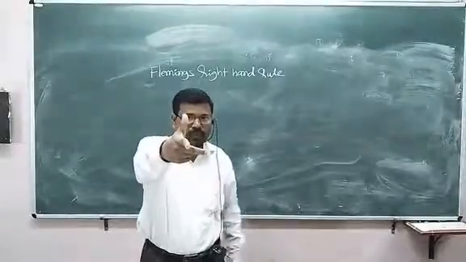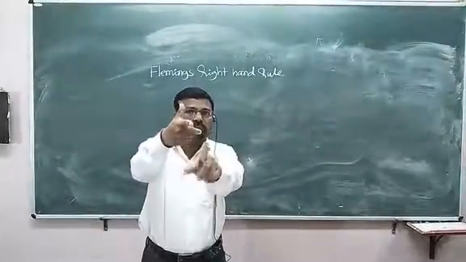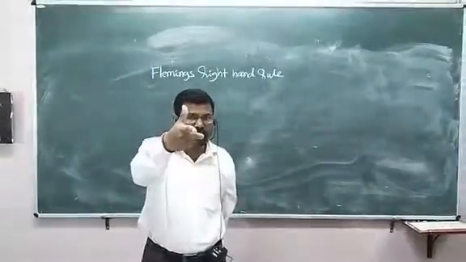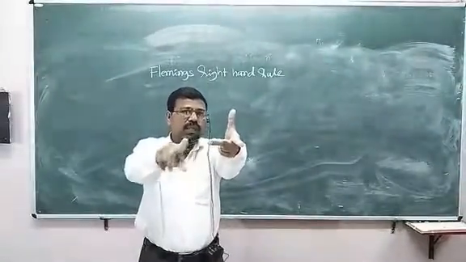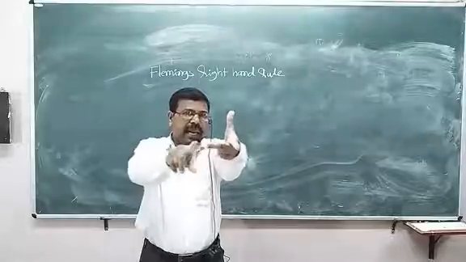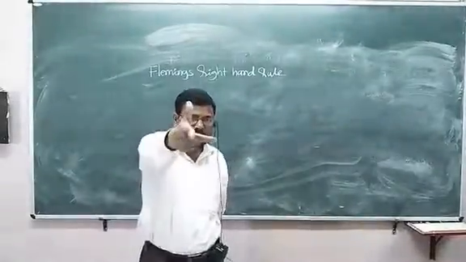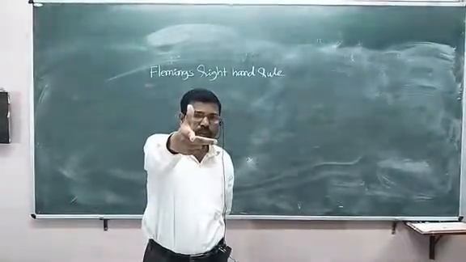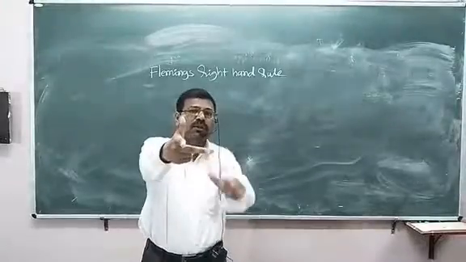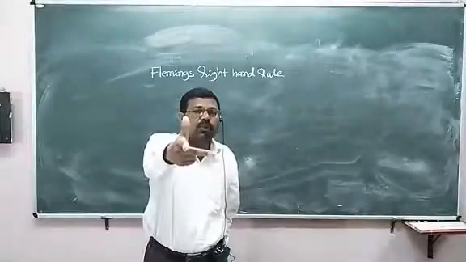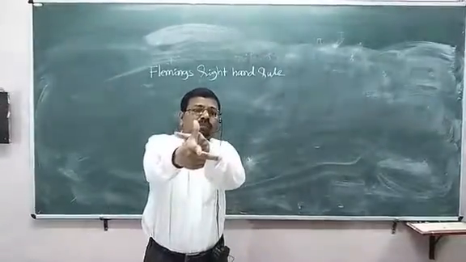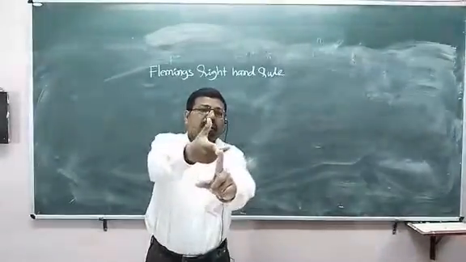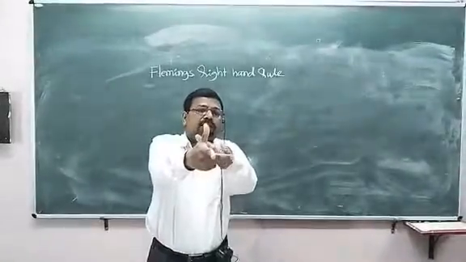In the right-hand rule, the forefinger shows the same direction of magnetic field. In the left-hand rule, the central finger shows the direction of current carried in the conductor. In the right-hand rule, the central finger shows the direction of induced current. So I repeat the rule: motion of the conductor, direction of magnetic field, direction of induced current.